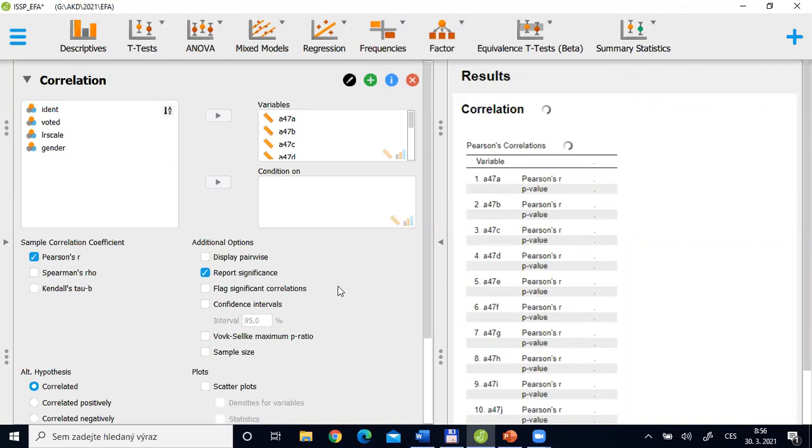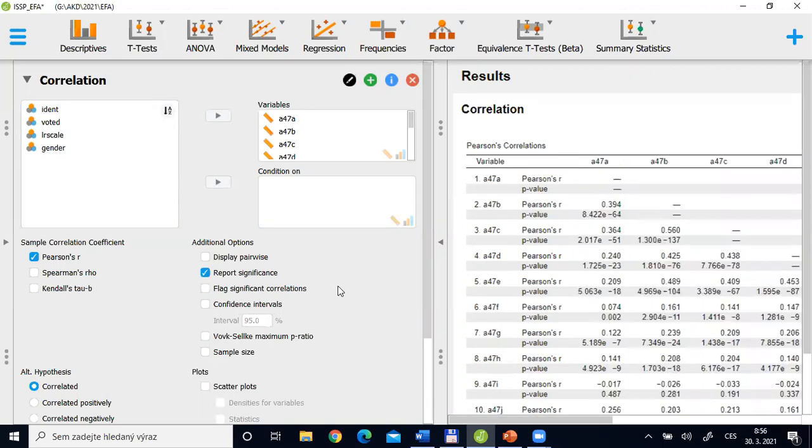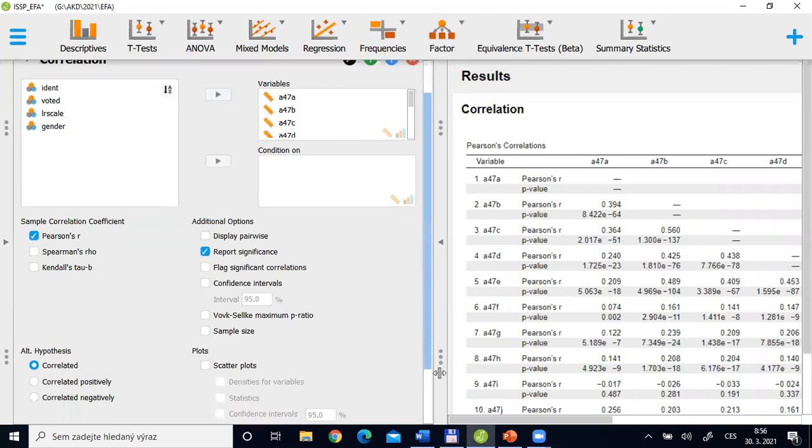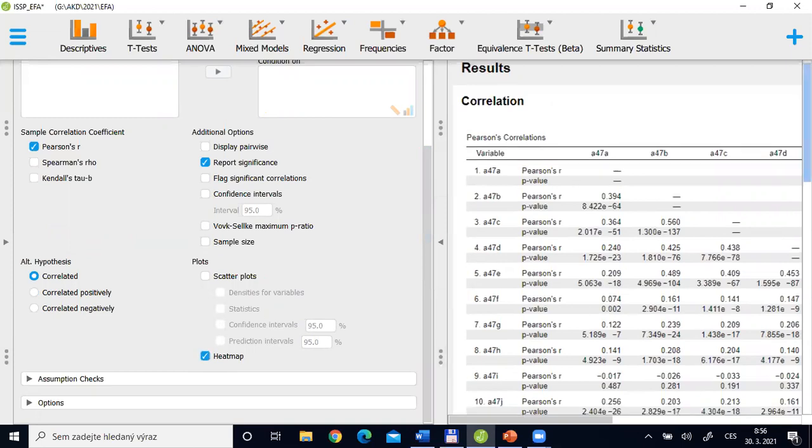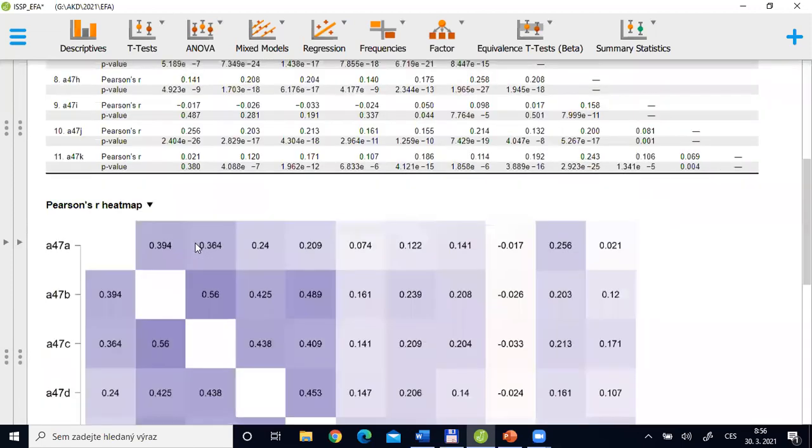I must only wait for my JASP to compute the first result. And if you go down, you could find the output which is called heatmap. It is something, I would say, between a table and a graphical output. So please ask also for this heatmap. You would see output which is technically a table, but in JASP it is an output that looks like a picture.